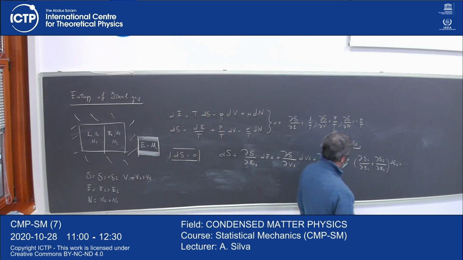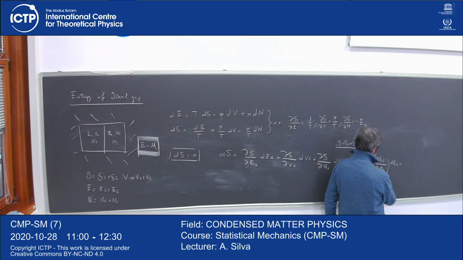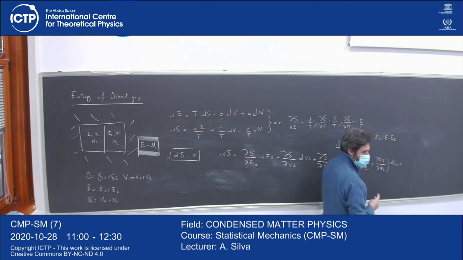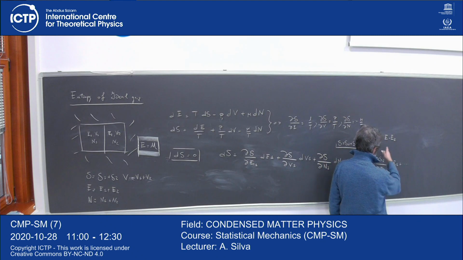But now, you see that here I can change variables. Instead of taking a derivative with respect to E1, I can take it with respect to E2. So E1 is equal to E minus E2. Therefore, taking a derivative with respect to E2 gives you a minus sign.